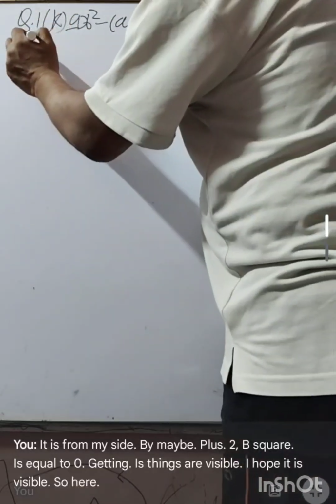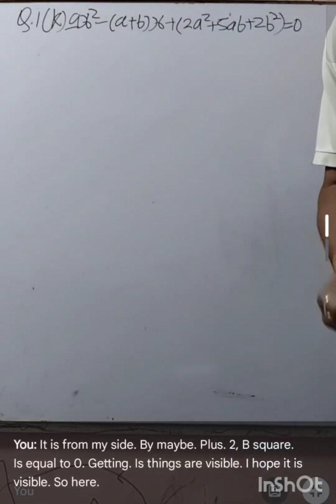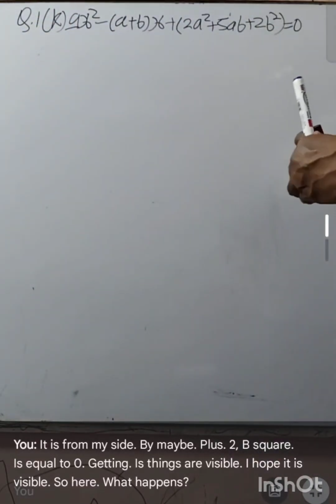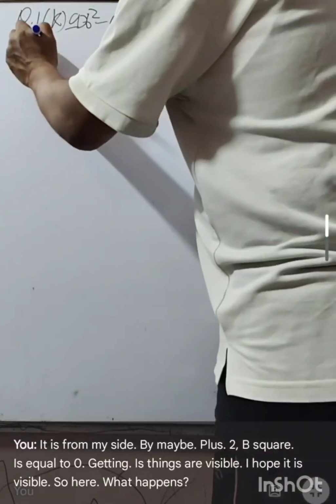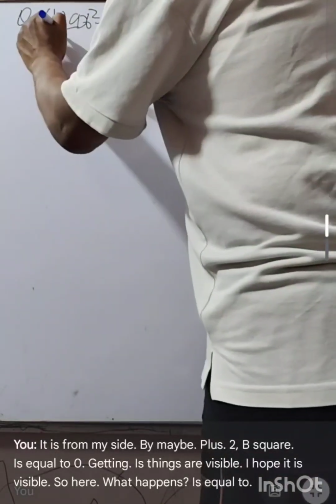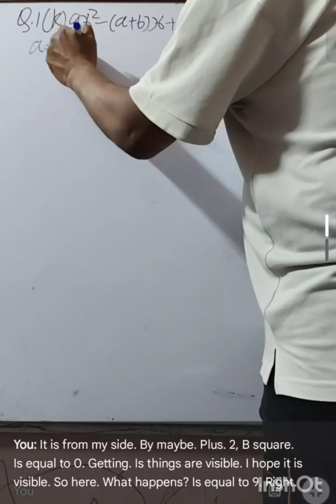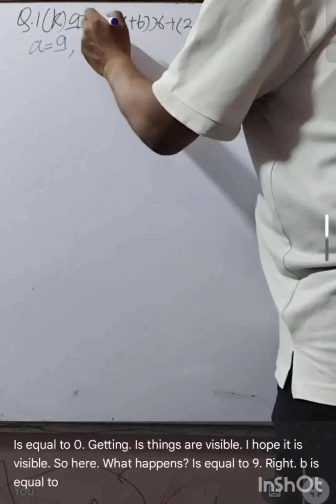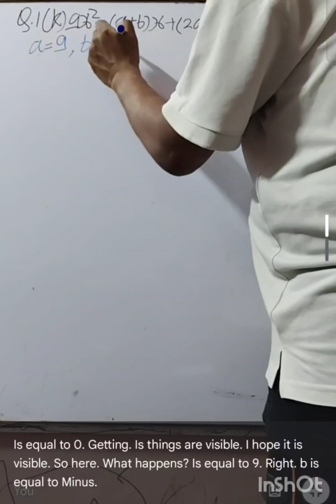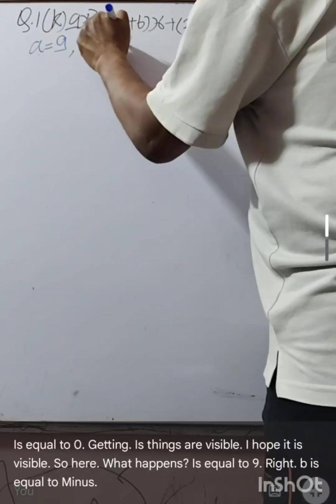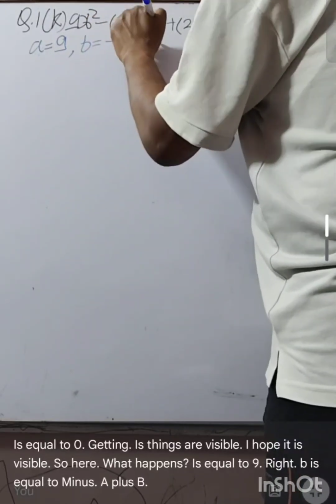So here, what happens? a is equal to 9, right? b is equal to minus (a plus b), right?